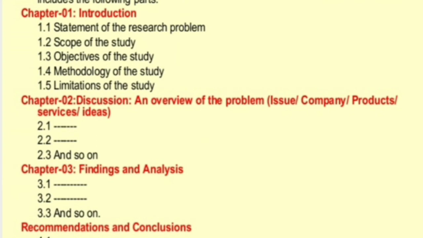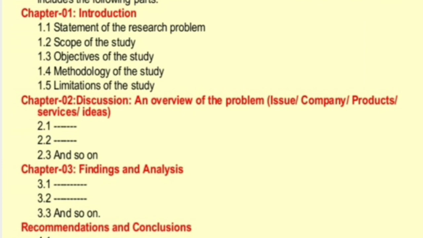Next, report body. In the report body, after the preliminary part is over, we have to consider introduction and chapters. These chapters might be different. Some people will go for introduction, product profile, company profile, and industry profile, and they cover all those areas in the chapters. And chapter 3, here findings and analysis.